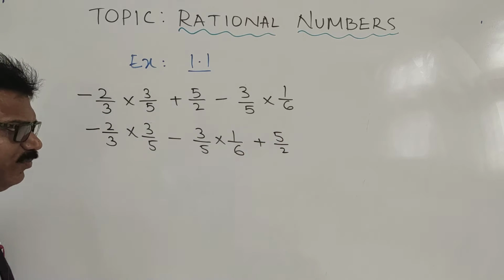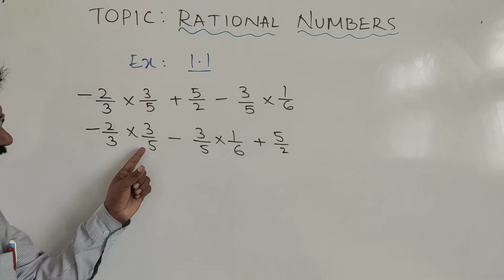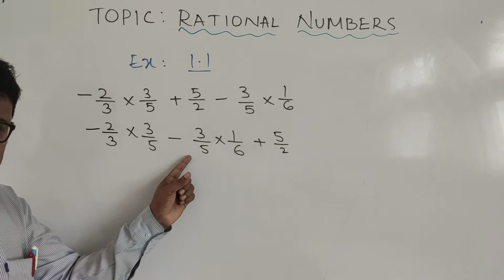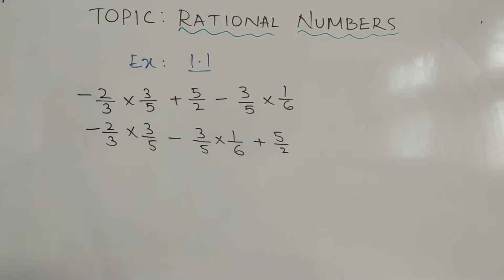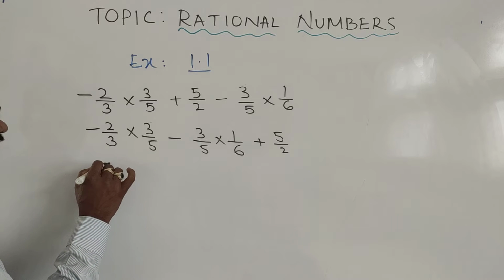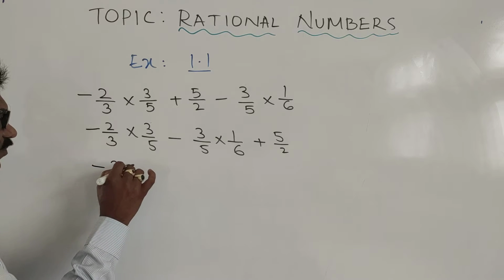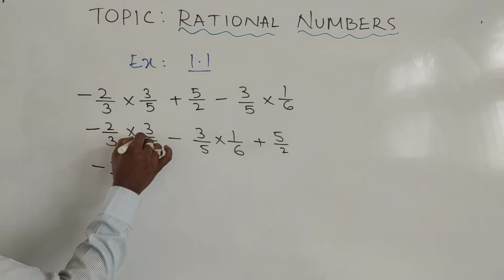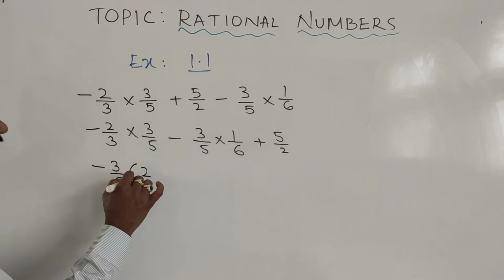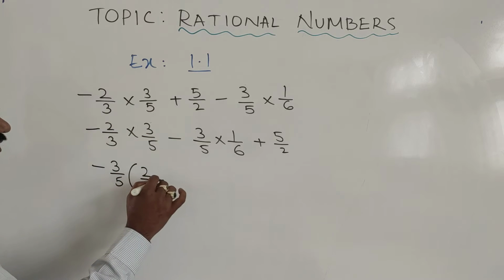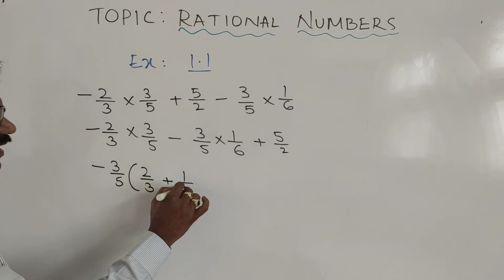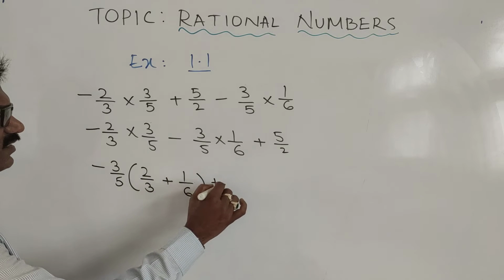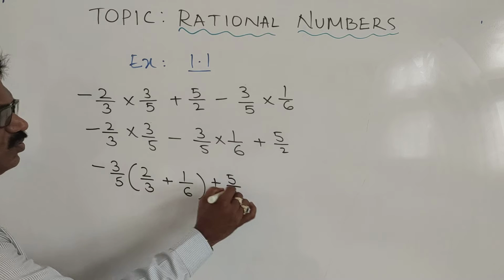Because here also 3 by 5 is there, here also 3 by 5 is there, I can take minus 3 by 5 as common. So 3 by 5 is gone, only 2 by 3 will be remaining. Here minus is gone, therefore it will be plus 1 by 6, plus 5 by 2.